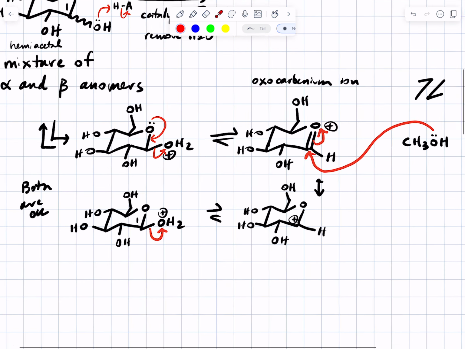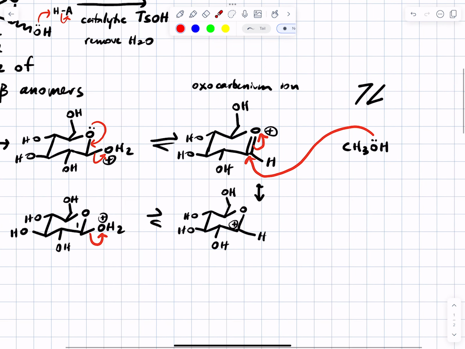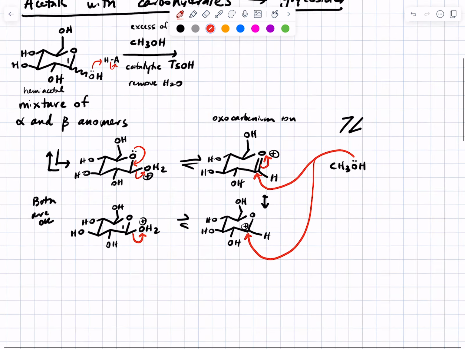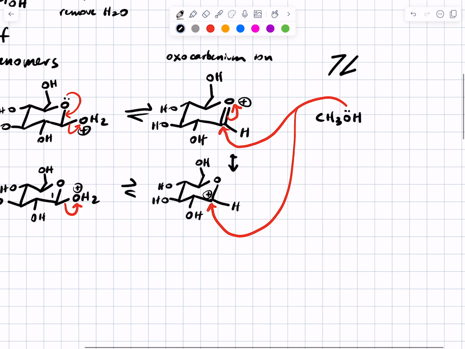All right. Once you get to that oxonium ion, forming the acetal involves attack at the positively charged carbon. Now understand that this attack may occur from either above or below.